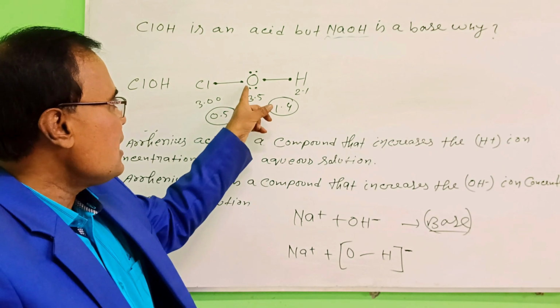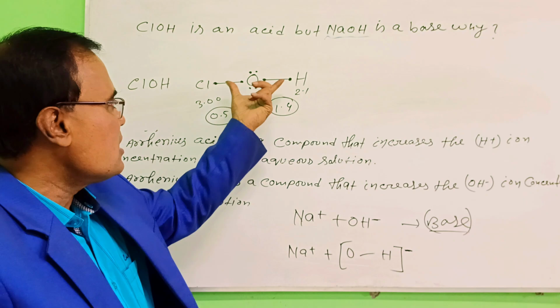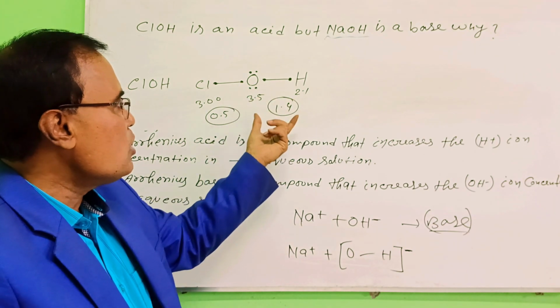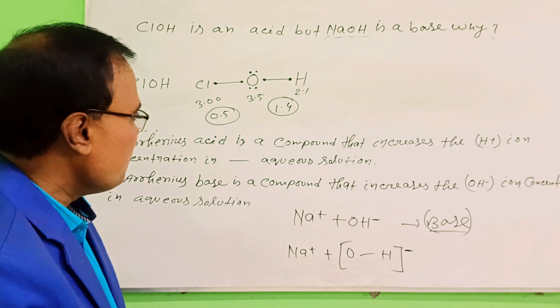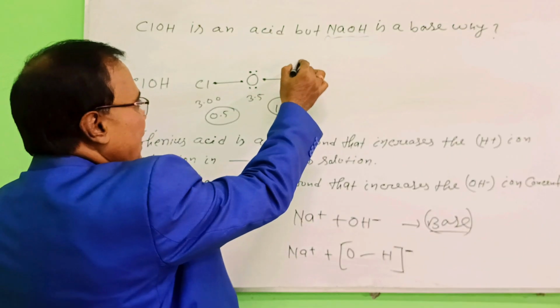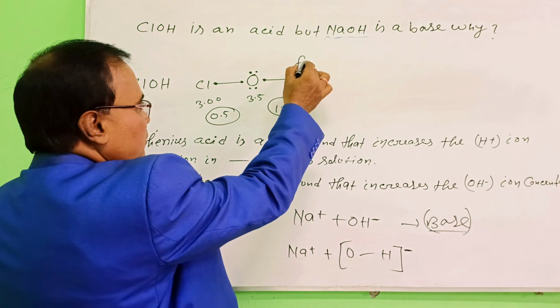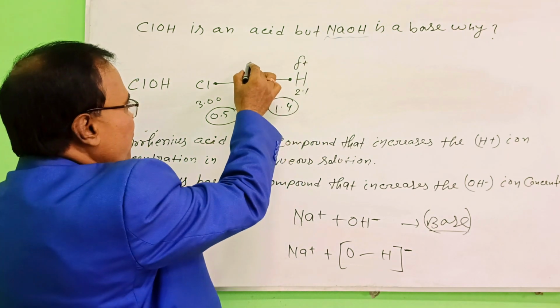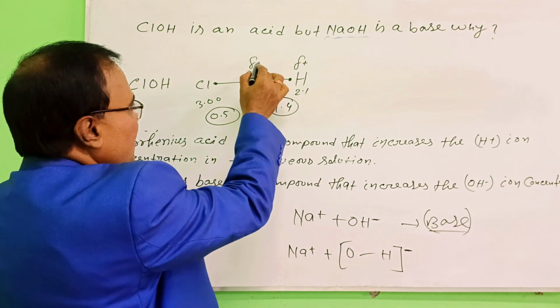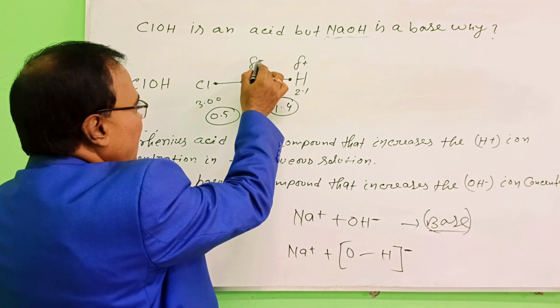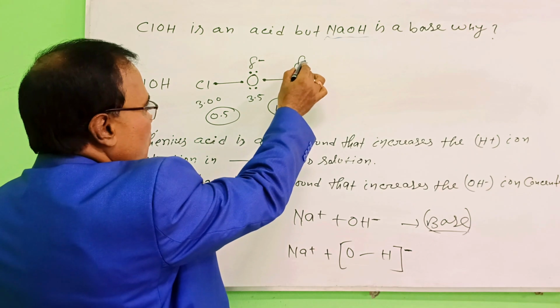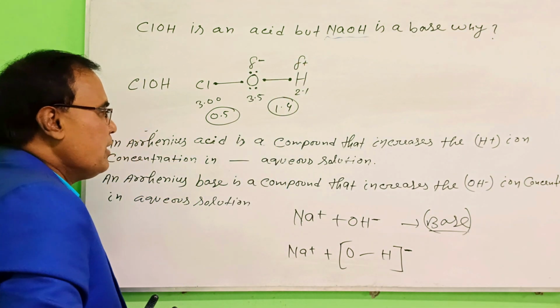Now see oxygen and hydrogen. Between them the electronegativity difference is 1.4, so a positive pole is created at the hydrogen end and a negative pole at the oxygen end.